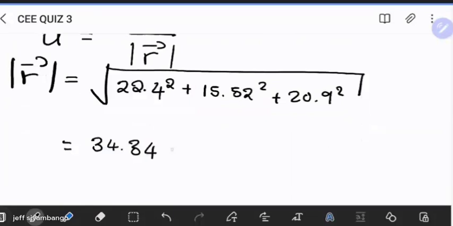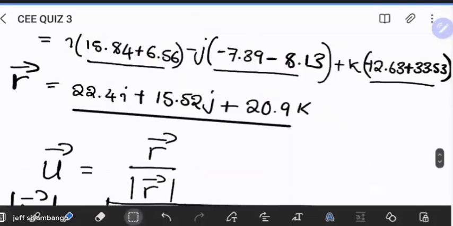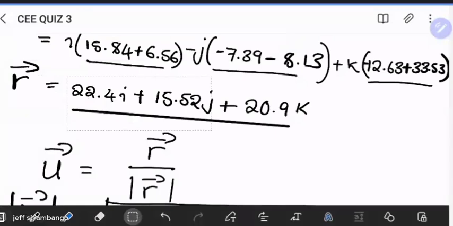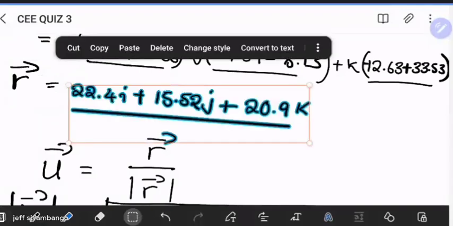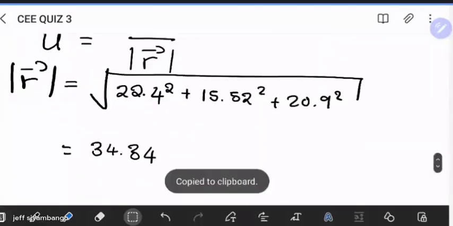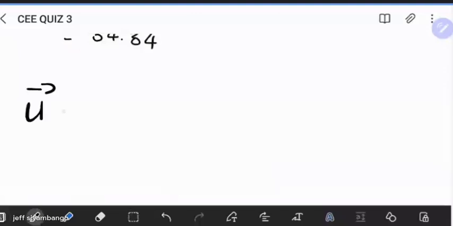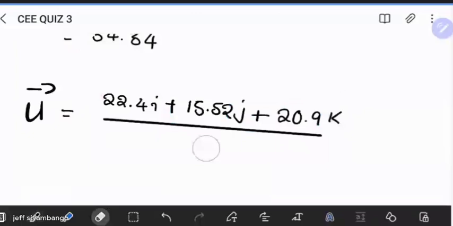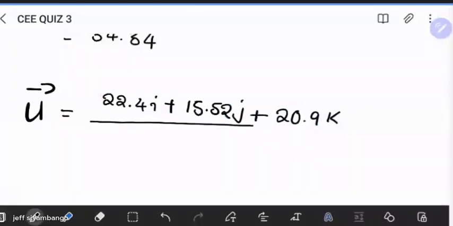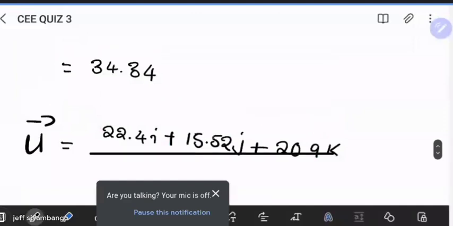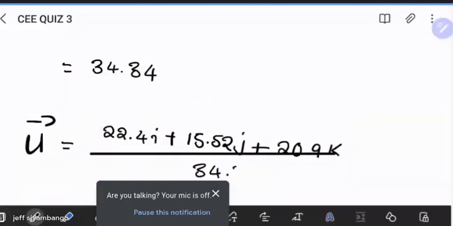When you get the magnitude, you get 34.34. So now we can bring it here. Remember, it's the vector itself divided by its magnitude. So we can now conclude that the unit vector will be equal to the vector itself, which is this, divided by the magnitude. And remember, the magnitude we just found is 34.34.